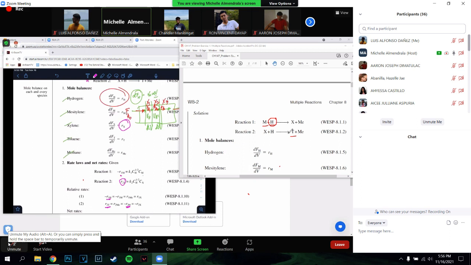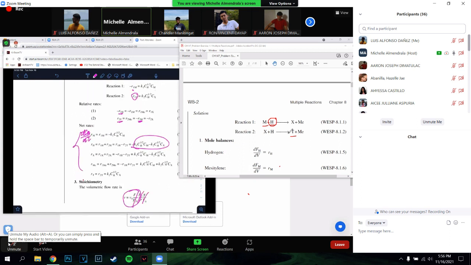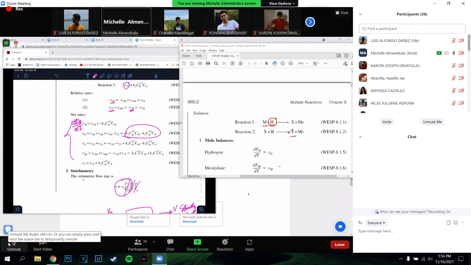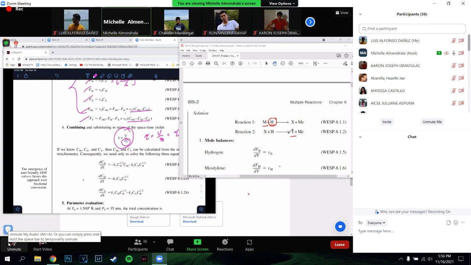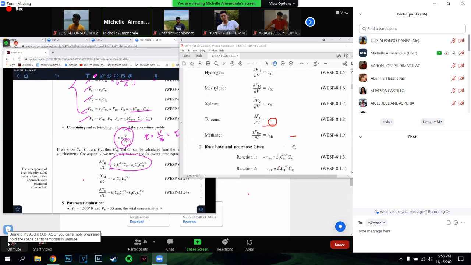That will be your expression. So get the derivative of CH over d tau. So in this case, our dCH over d tau is K1 CH to the 1 and 2. That is the rate of H. See the rate of H, that is just dCH over d tau.